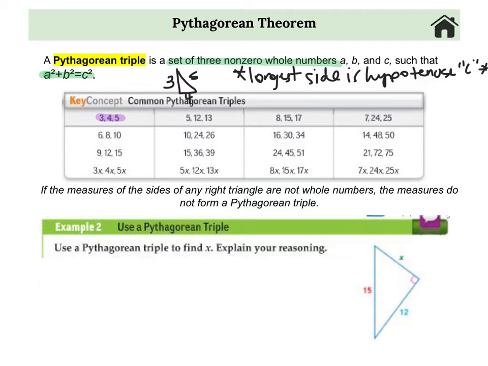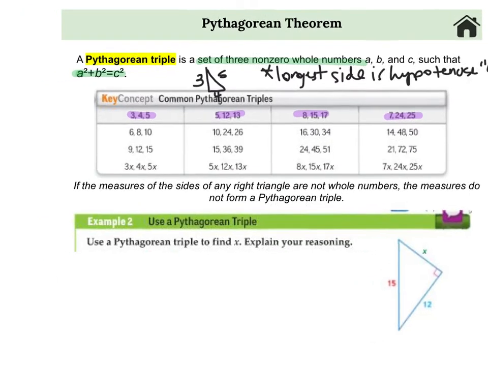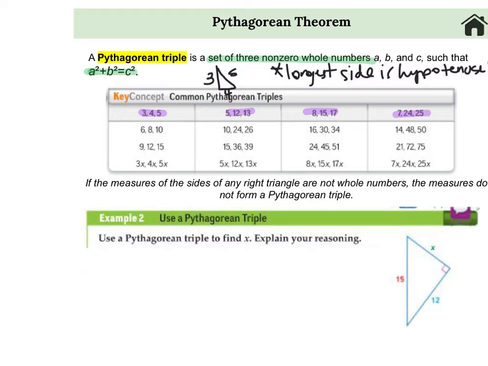Some other common ones you might see are a 5, 12, 13, 8, 15, 17, or a 7, 24, 25. These are all very common, and then as we go farther down this list, we look at the multiplication factor.